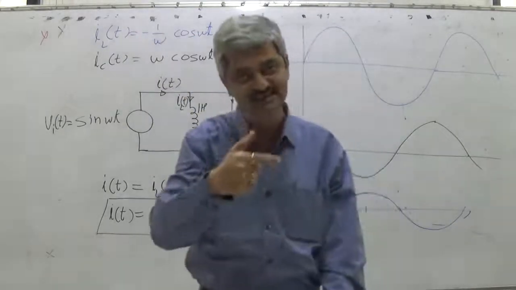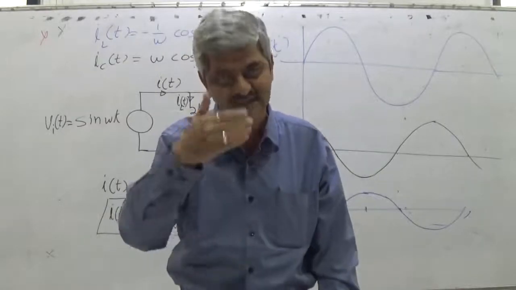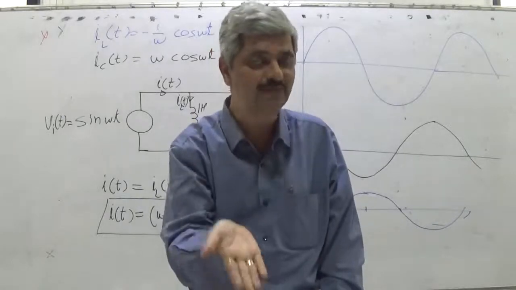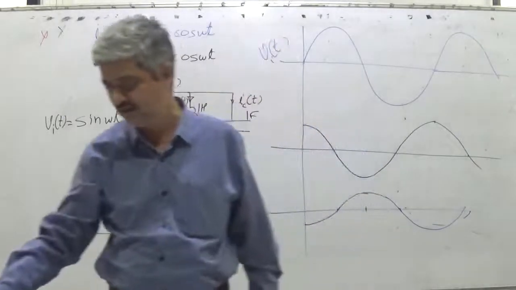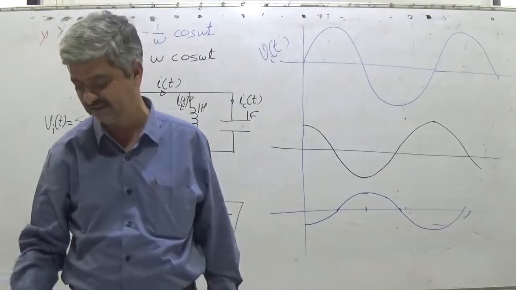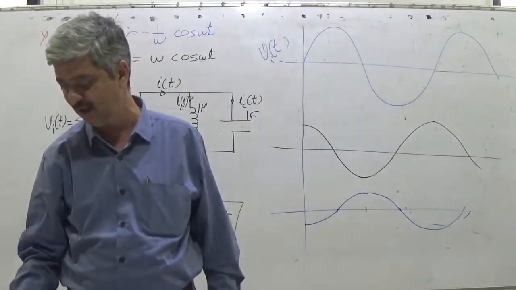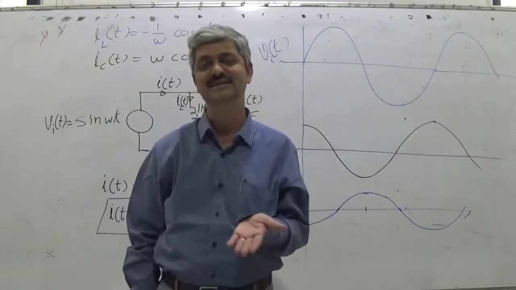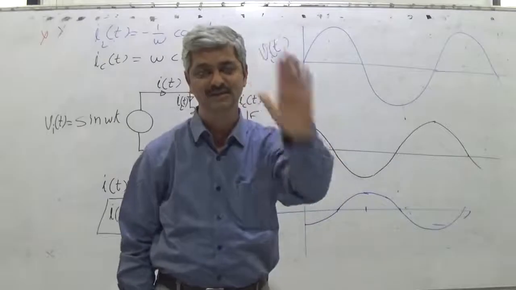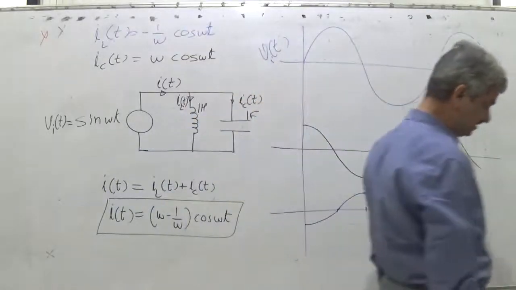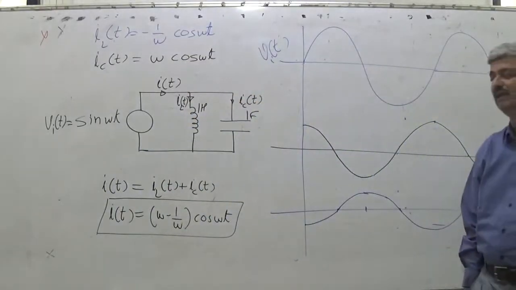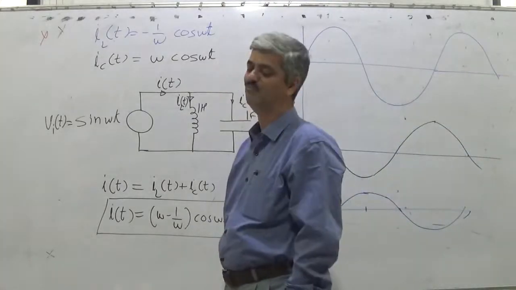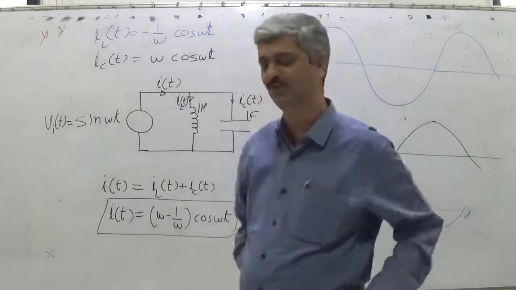Then obviously there is a situation where omega and 1 upon omega are equal. When they are equal, the current through the inductor and the current through the capacitor will be equal and opposite, for omega equal to 1, because omega and 1 upon omega are equal for omega equal to 1.